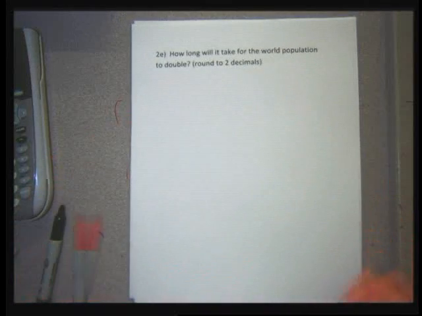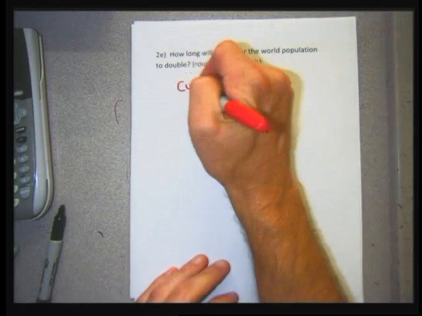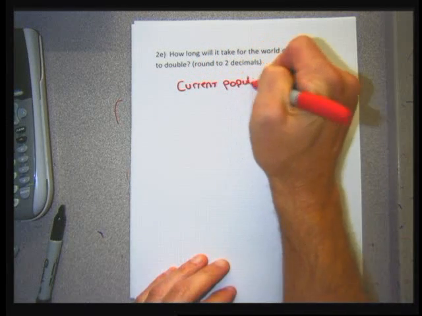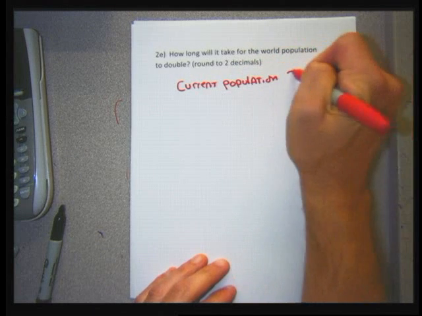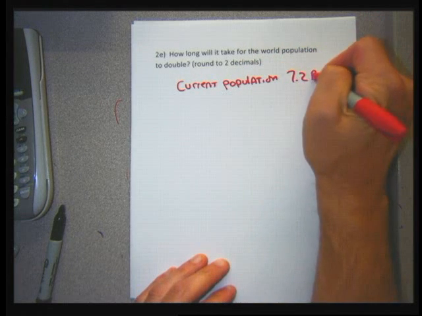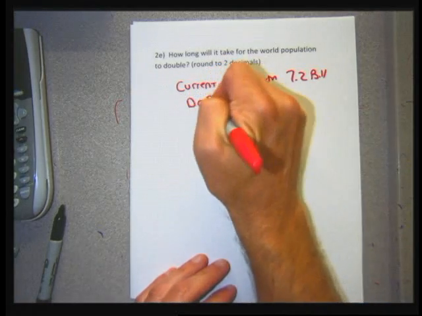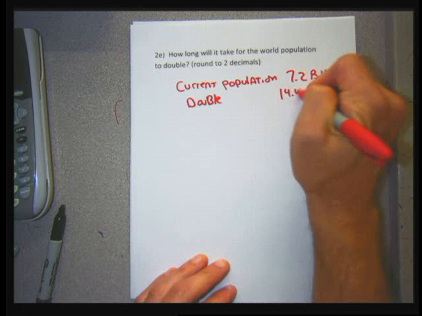Next, there's another part. How long will it take the world population to double? So I know that the current population from part A is 7.2 billion. To double 7.2 billion, I multiply it by 2, and that's going to be 14.4 billion.